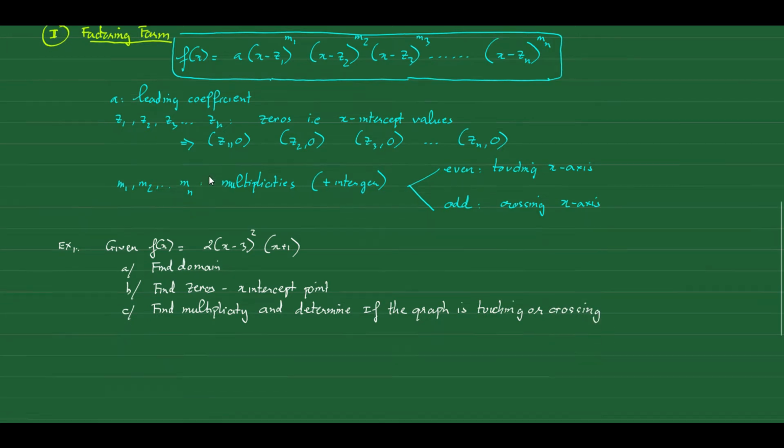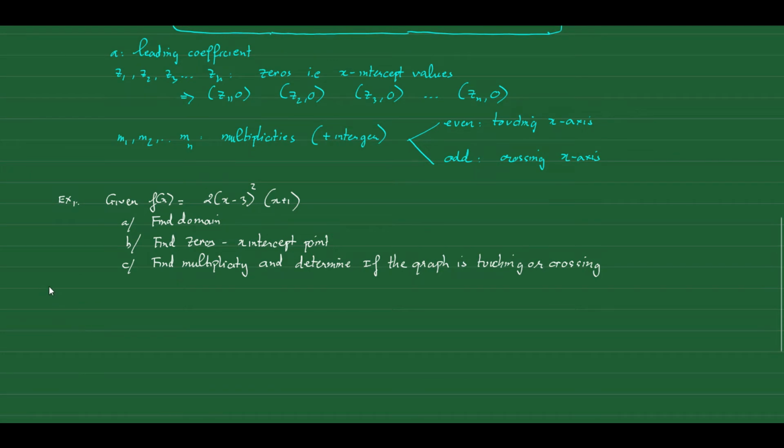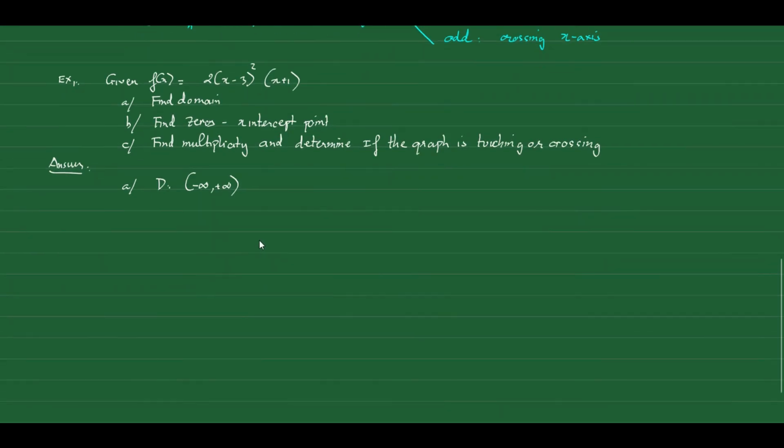Alright, let's see how we can answer this. Everybody knows that for the domain of polynomials, this is polynomial form, because the degree over here is positive, so everything is good. The domain always goes from negative infinity to positive infinity. And the zeros: zero is the value right here.